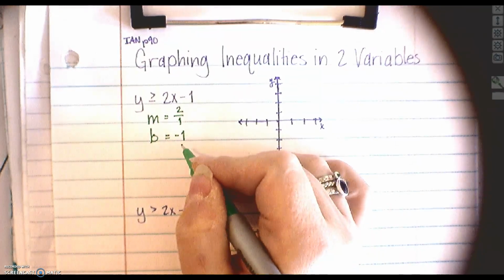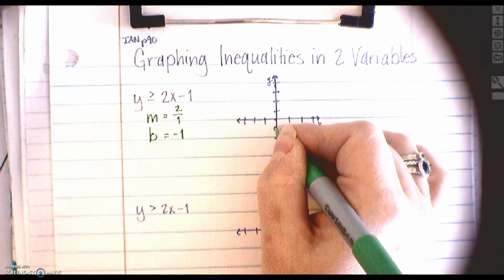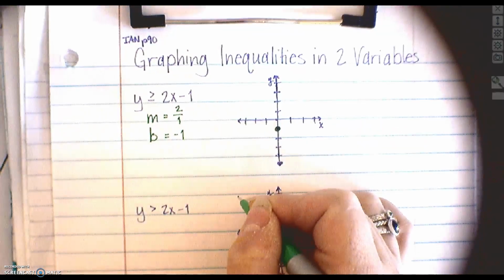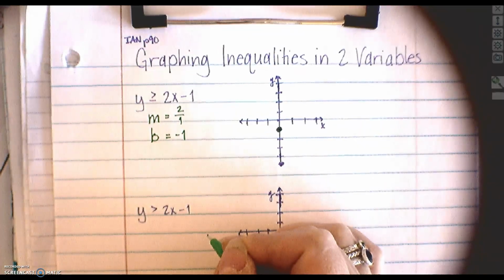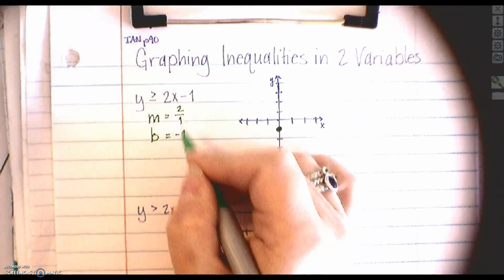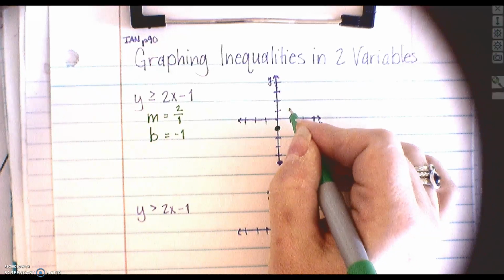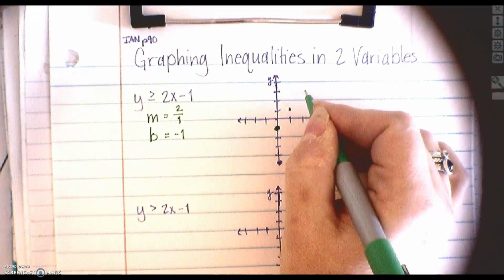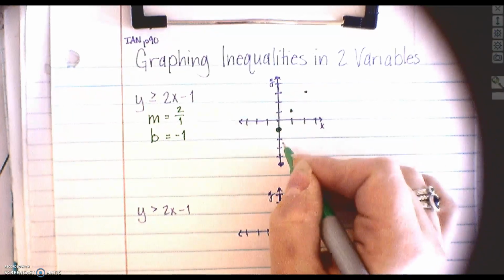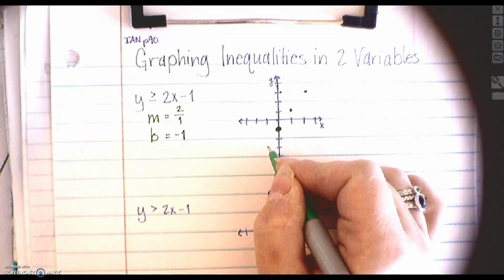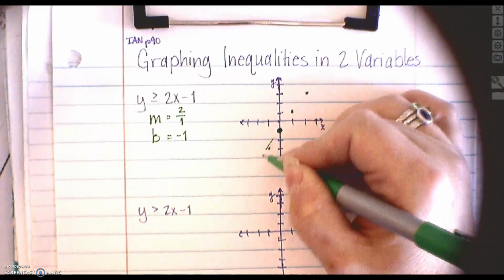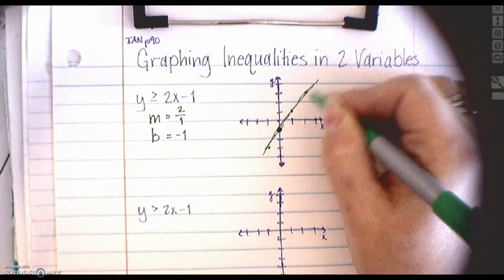We start with our y-intercept, which in this case is -1. That's our y-intercept. And then we're going to use our slope to find our next point. So we're going to rise 2, run 1. We got a line that's looking roughly like this.